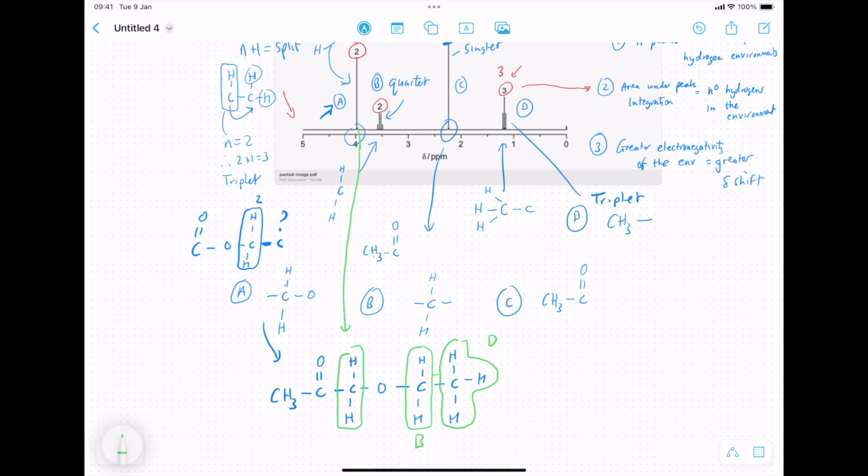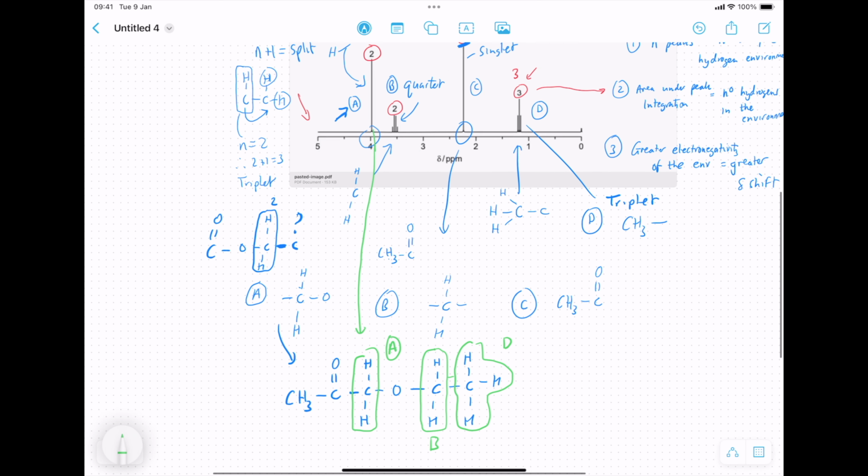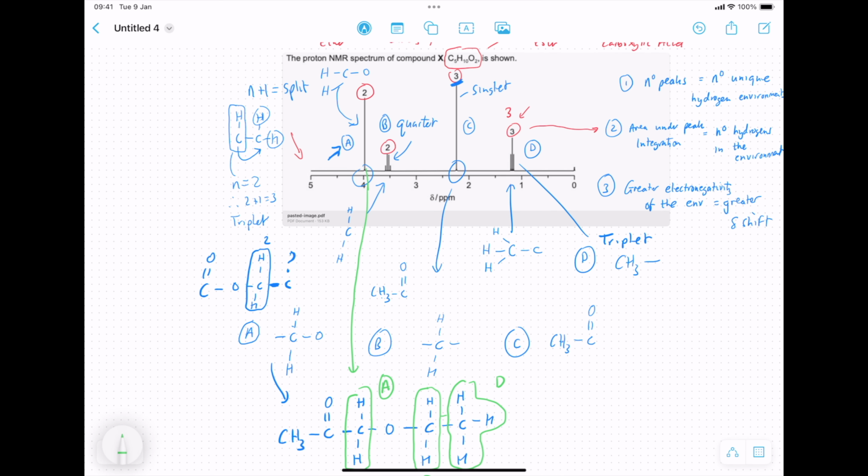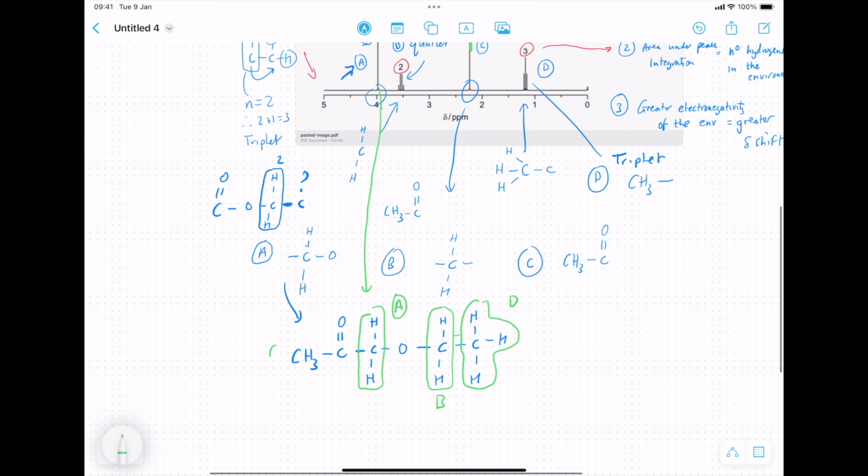So that means it's going to be a singlet. So that has to be A. And then the final one, which is the C double bond O attached to CH3, which is this one. I think I called that one C.